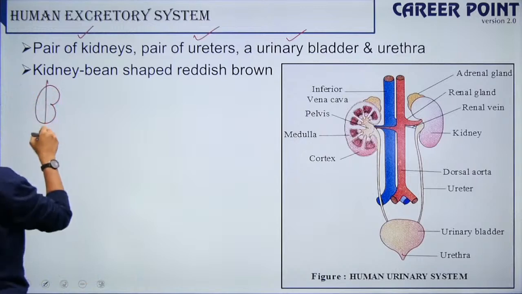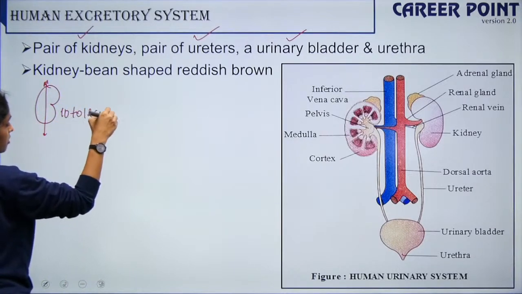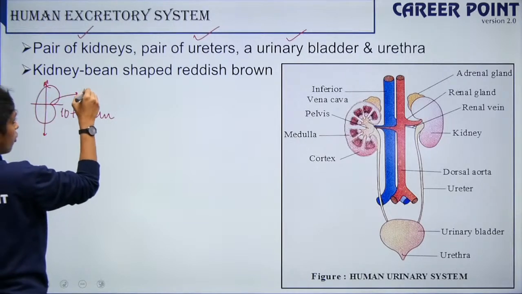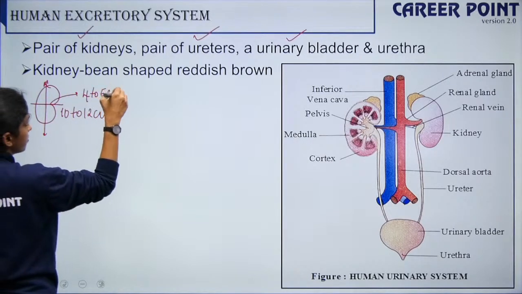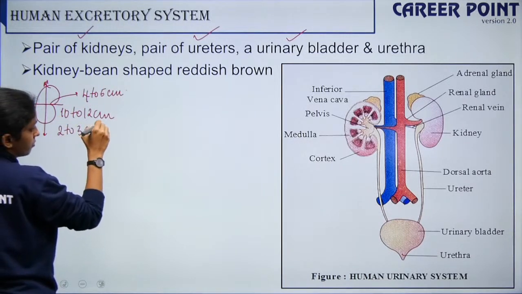The length of the kidney is around 10 to 12 centimeter. This is 4 to 5 centimeter. And the thickness is around 2 to 3 centimeter.